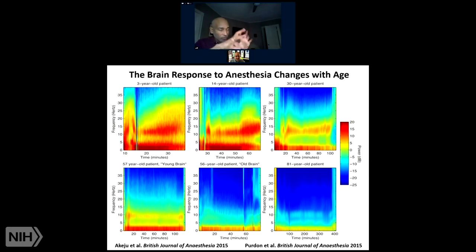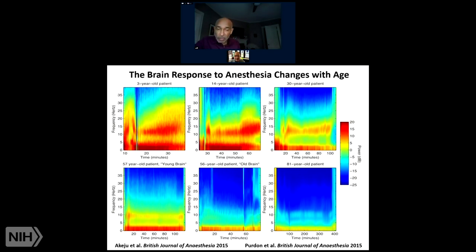Something didn't seem quite right, just in the conversation. I always ask my patients, do you do sports? What sort of athletics are you involved in? He goes, yeah, I run now, but I used to play rugby. All right. And when I got him into the OR, his EEG looked like this 57-year-old guy here.